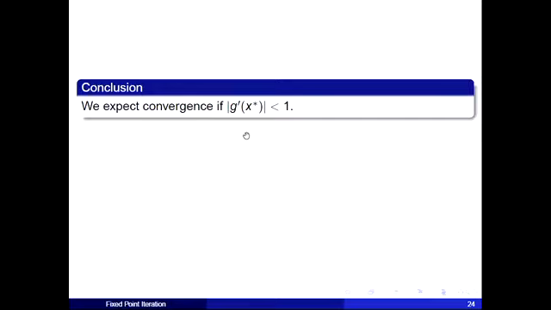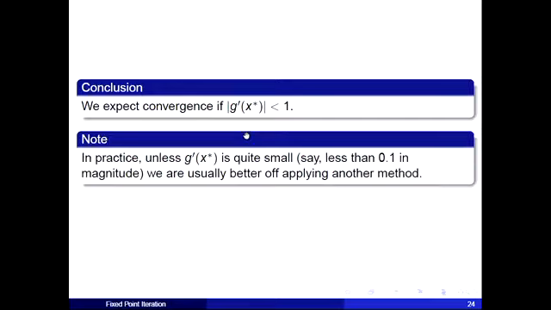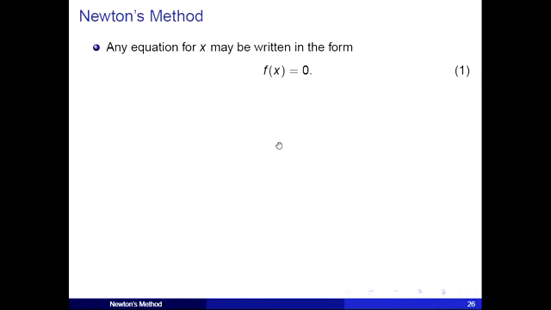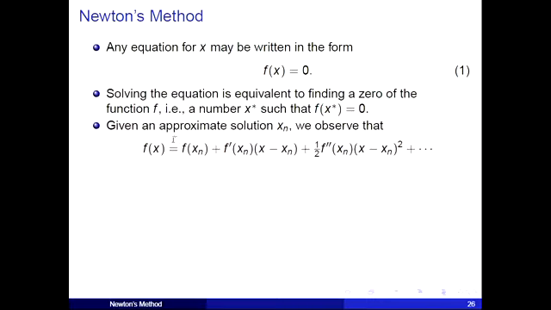And then we also discussed the Newton method. You can view it in 2 ways. The first way is that you can expand the function in terms of a Taylor series around xn.